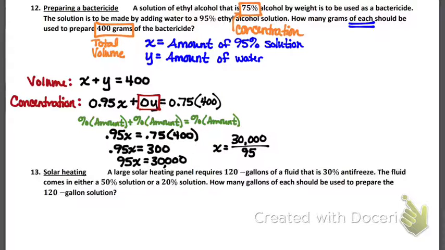It does need to be completely reduced though. Is there anything that you know of that will go into both 30,000 and 95? 5 will go into both of these. So I'm going to reduce top and bottom by 5. On the top, that's going to be 6,000. What do I get on the bottom?